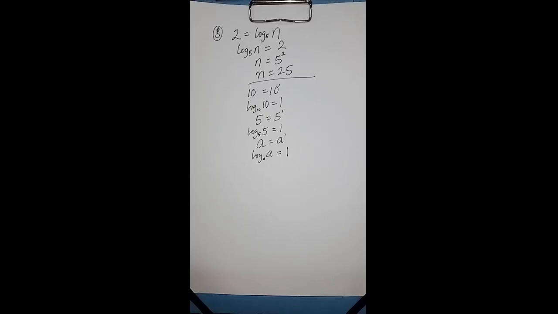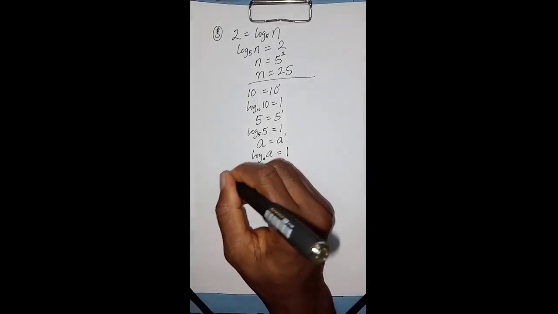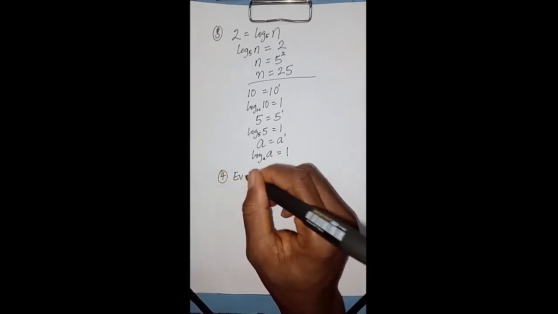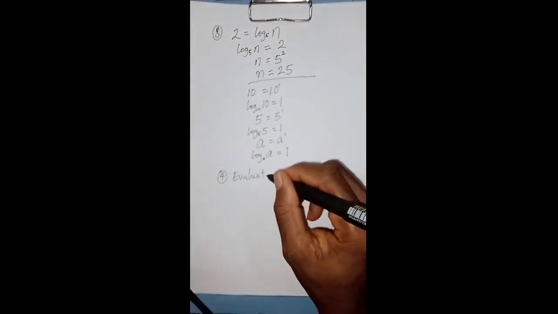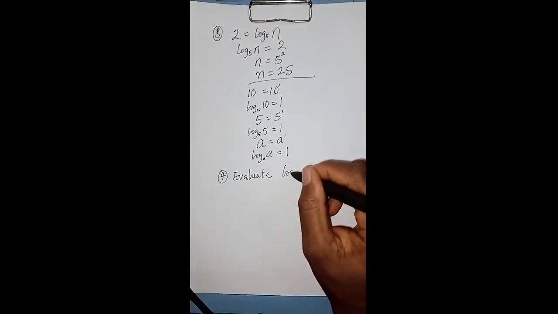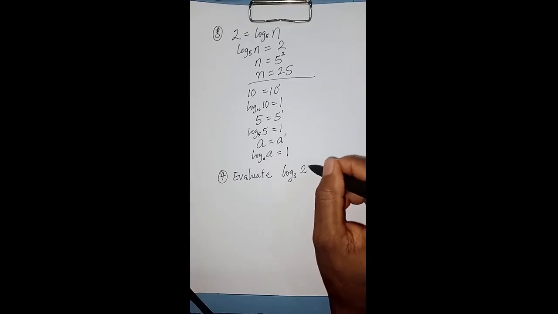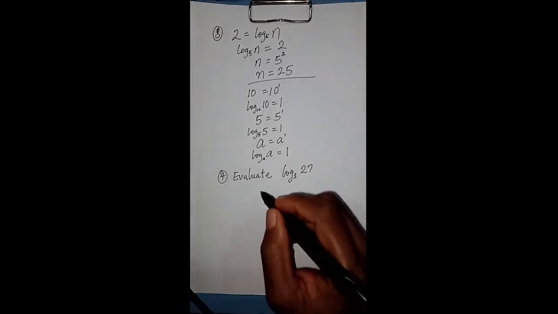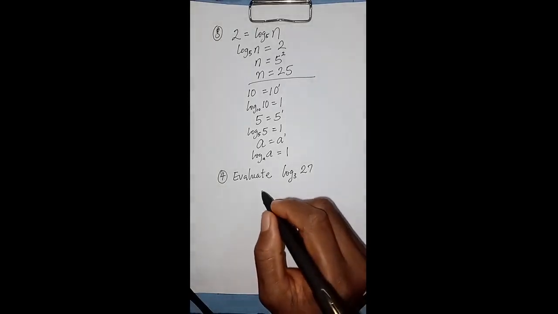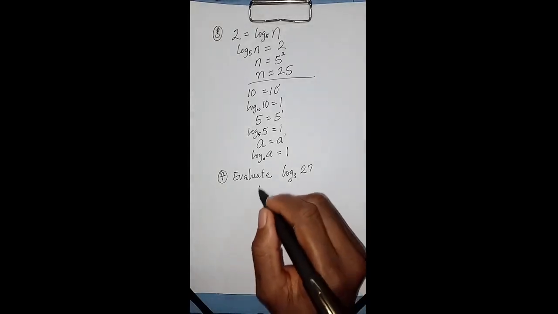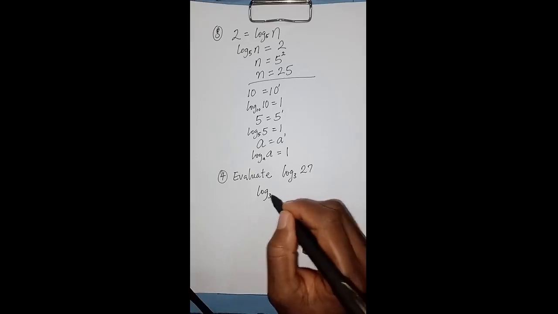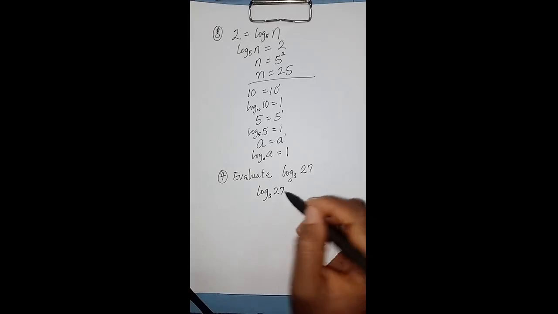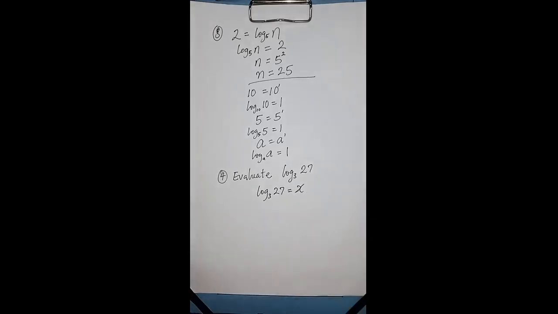So with this in mind, let's assume number 4 question asks us to evaluate log 27 to base 3. So if I have a question like this, what do I do? It's still the same principle. I could say, the way I've been solving the other one, let log 27 to base 3 be equal to x, whatever you want it to be.